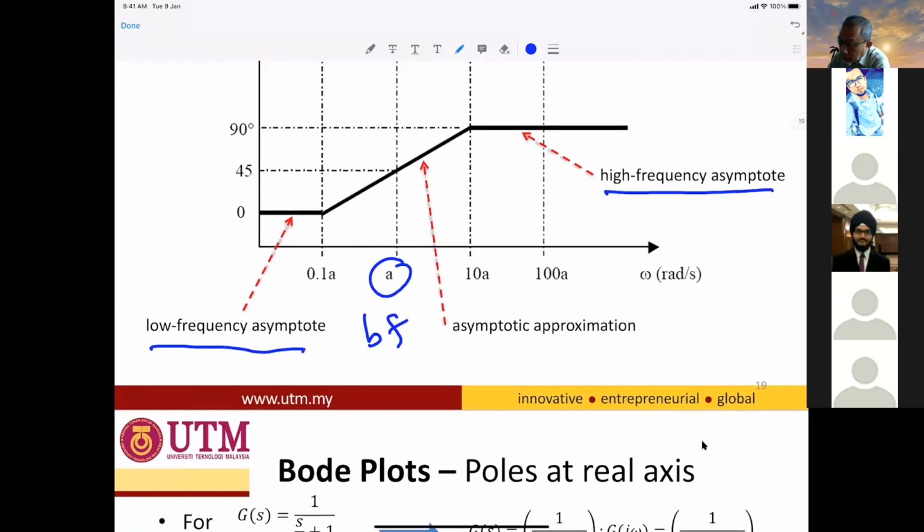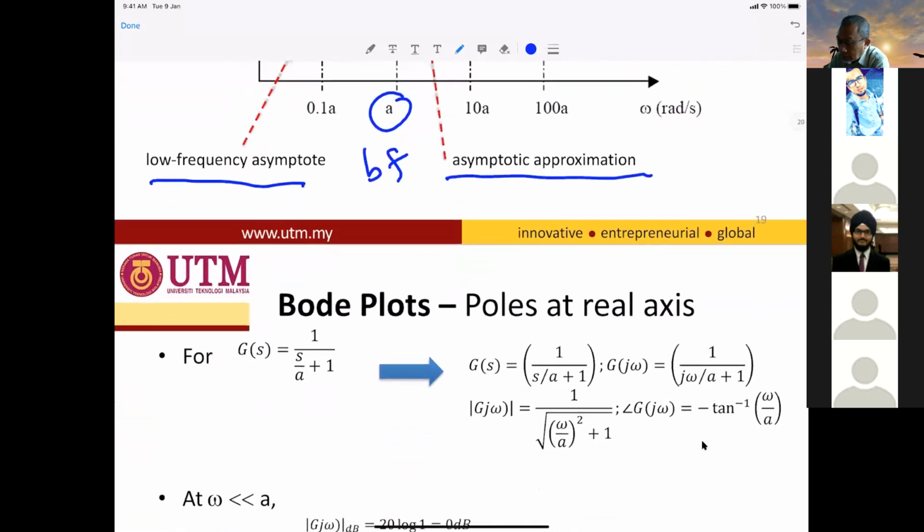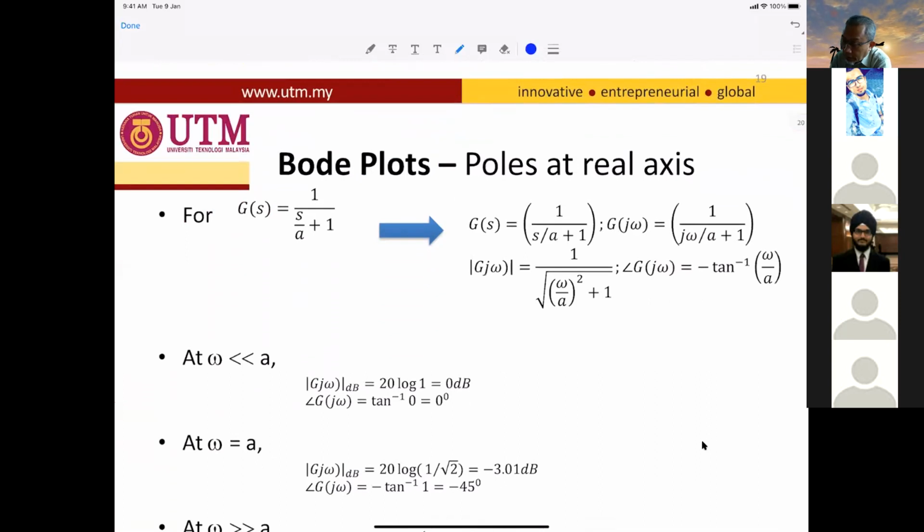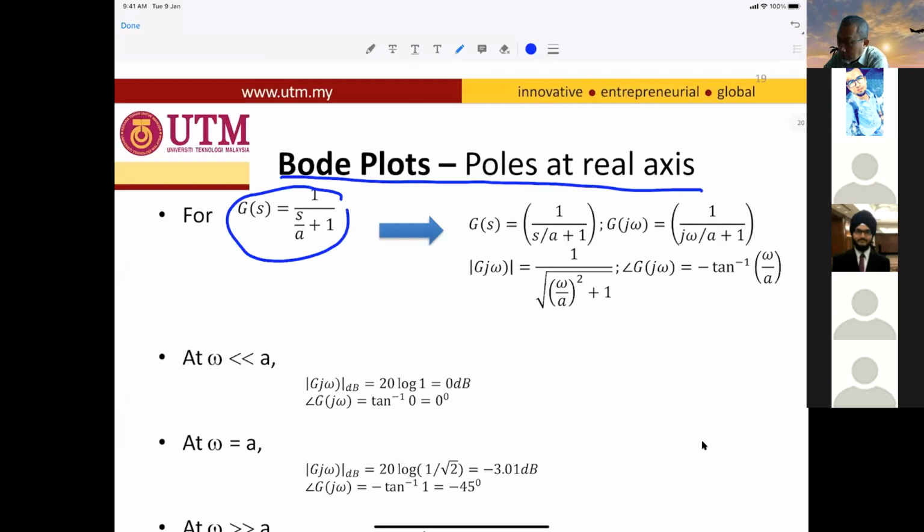This line is known as the asymptotic approximation, meaning a straight line approximation. Then poles at the real axis. Just now it was the zeros at the real axis; now it is the poles at the real axis. We assume the transfer function is G(s) = 1 over (s over a plus 1). So we replace s with j omega.